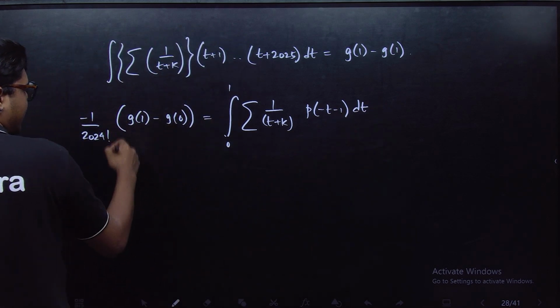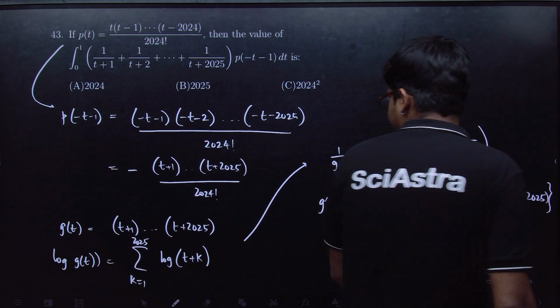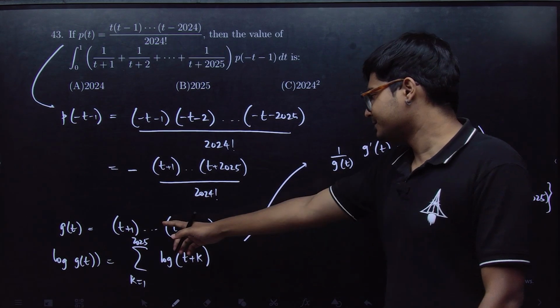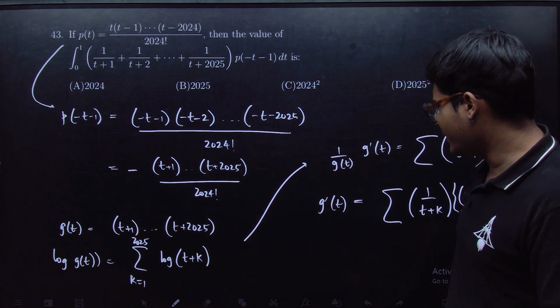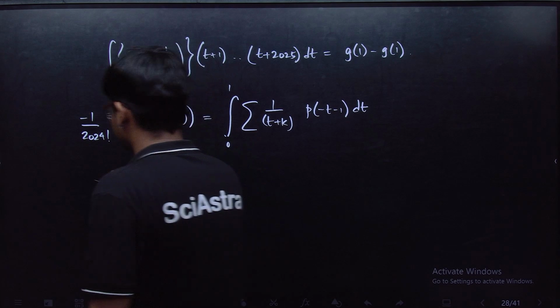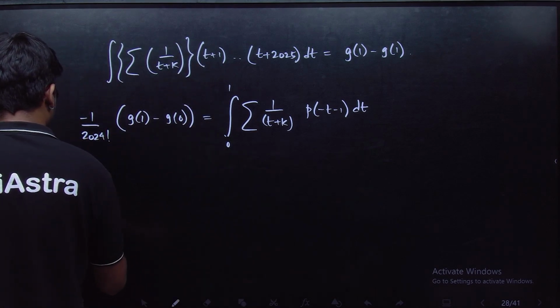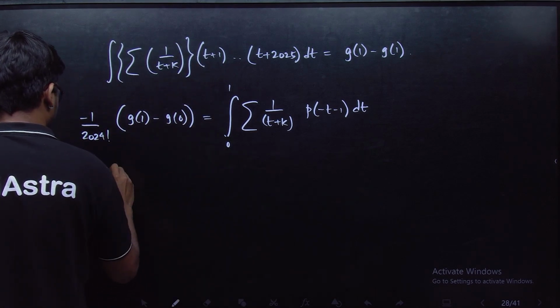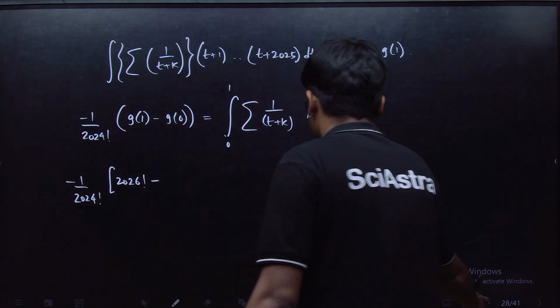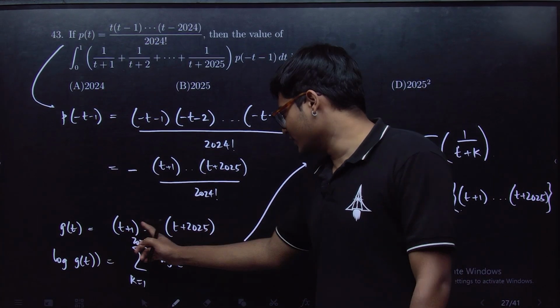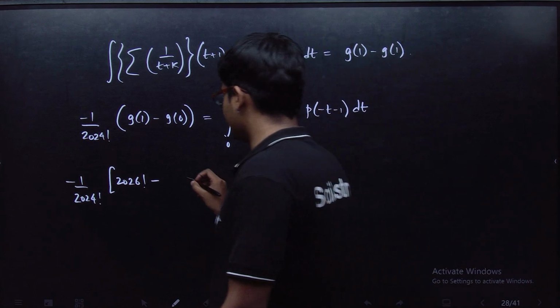So what is this value that you need to find? What is g of 1 going to be? G of 1 is 2 all the way till 2026, which is 2026 factorial. Minus g0 is going to be just 1 all the way to 2025, so 2025 factorial.